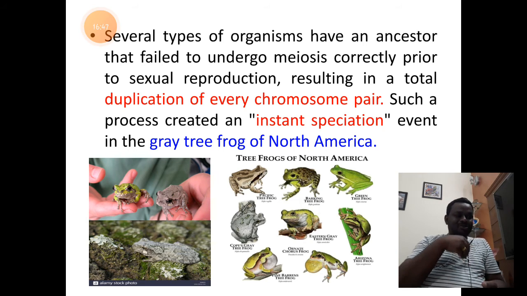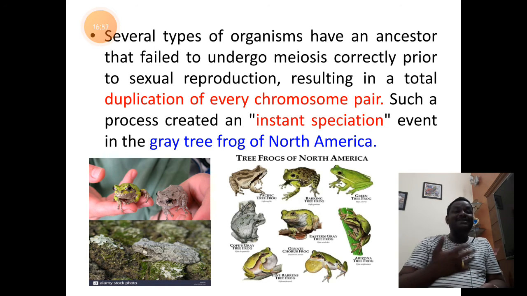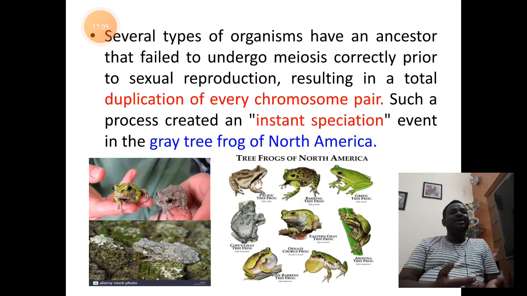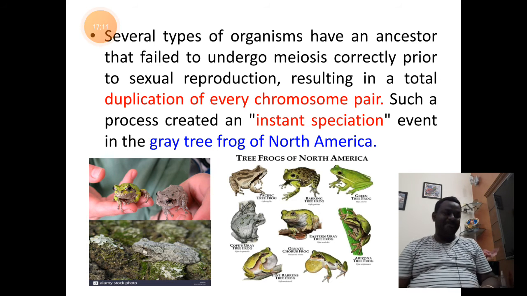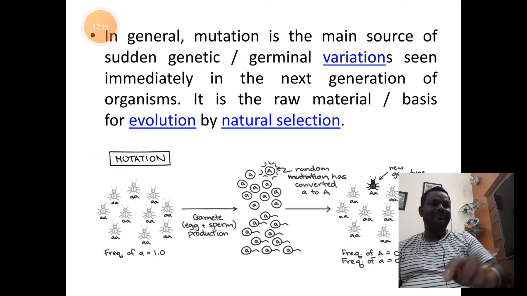So there is totally a new species of tree frog suddenly seen in the generations, which is called the process of instant speciation. We can see that grey frog there. The original frog is green in color. The grey color frog is due to duplication of every chromosomal pair in them. So this is called instant speciation.